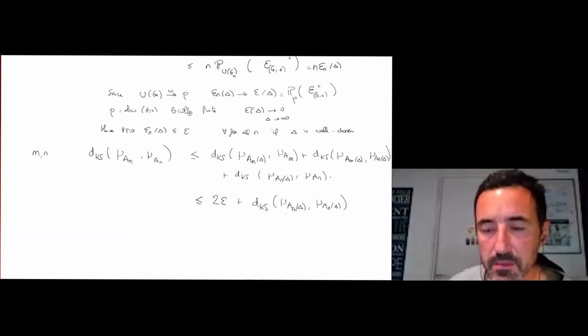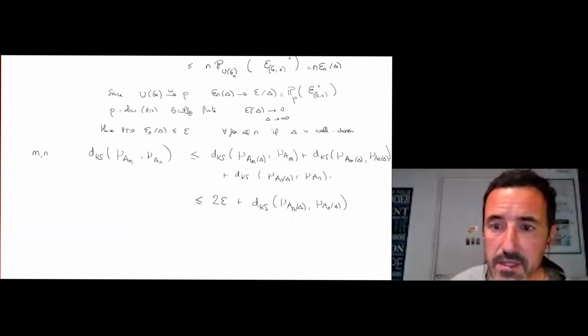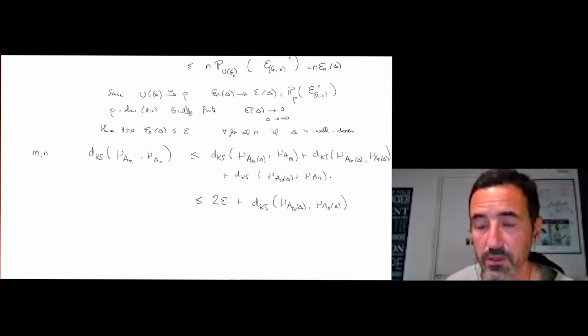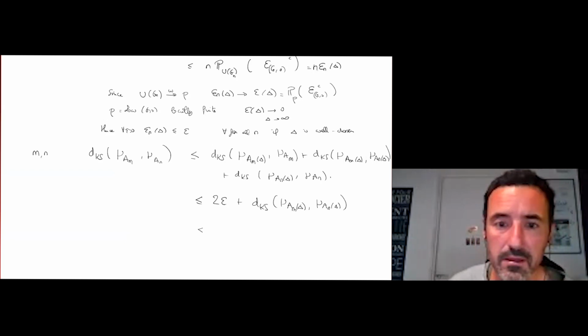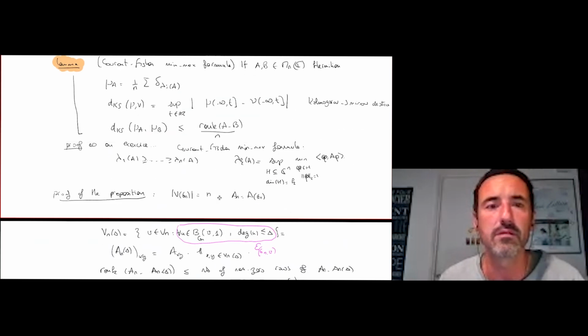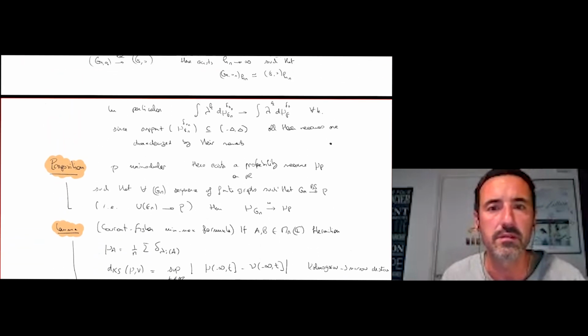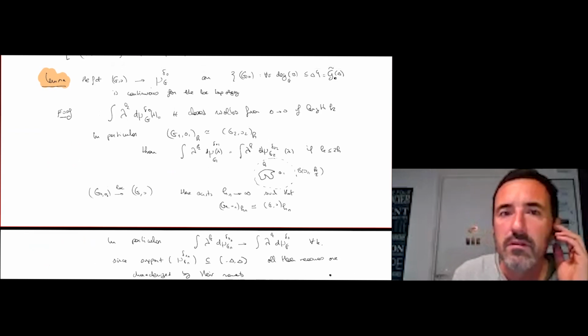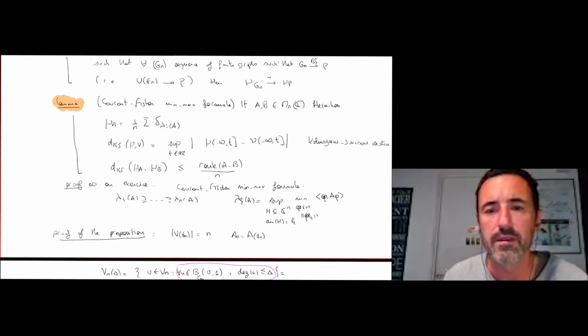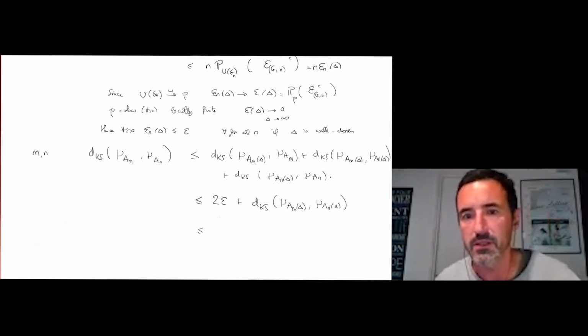This is simply the spectral measure of a finite rooted graph. So by the lemma, that the spectral measure is continuous for the local weak topology when you restrict to bounded degree graphs.